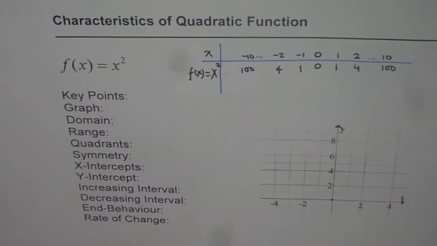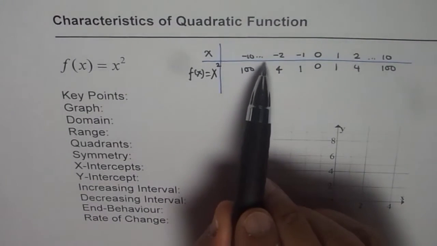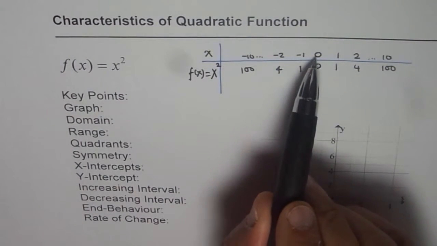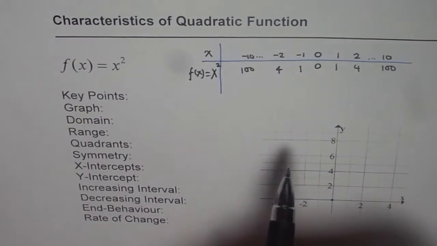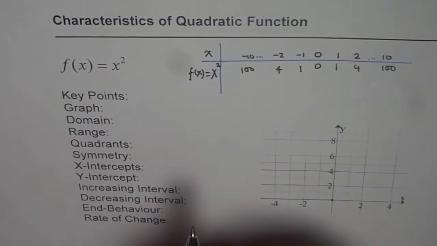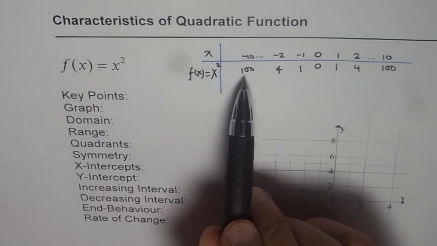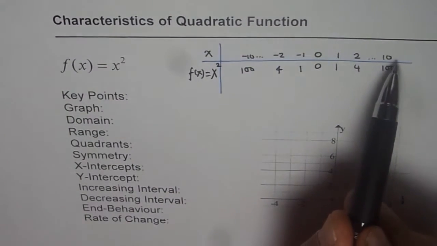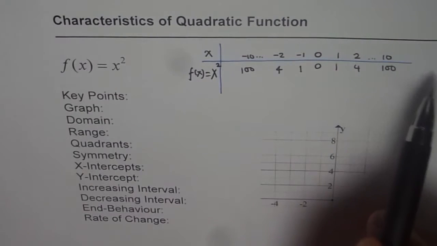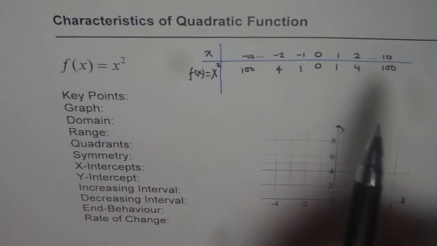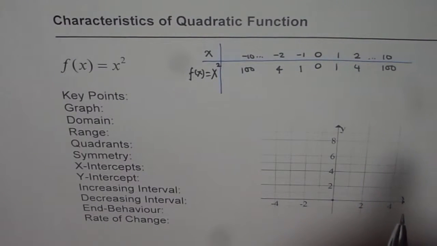So the key points are minus 2, minus 1, 0, 1 and 2, plus any value which is negatively large will give us a positively large value, and a value which is positively large will give us a positively large value. So the function increases on both sides.